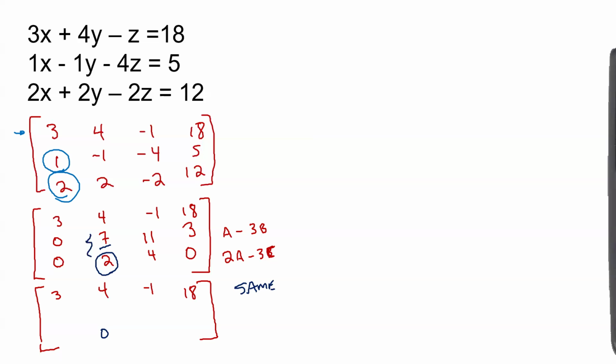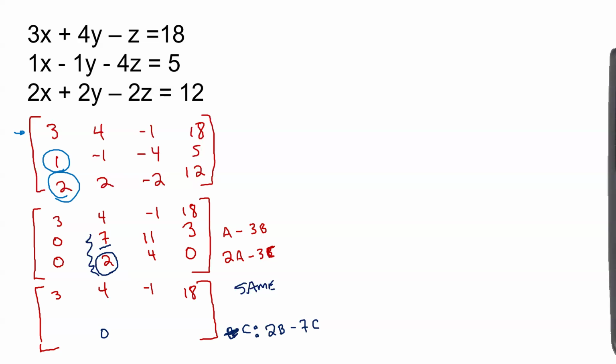So now I'm kind of stuck working with these two numbers, and the least common multiple would be 14 on those. So for this one, the new C row is going to be, I've got to get a 14 minus 14. So if I take 2 times the B row minus 7 times the C row, that would give me 14 minus 14 to give me the 0 right there.